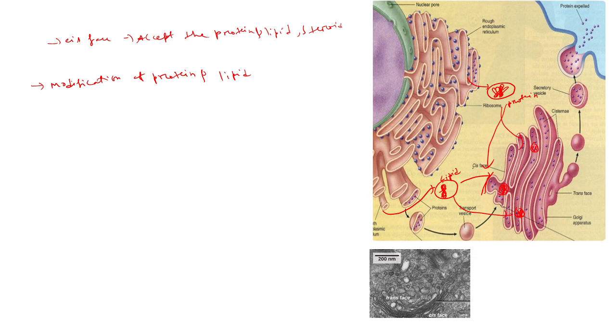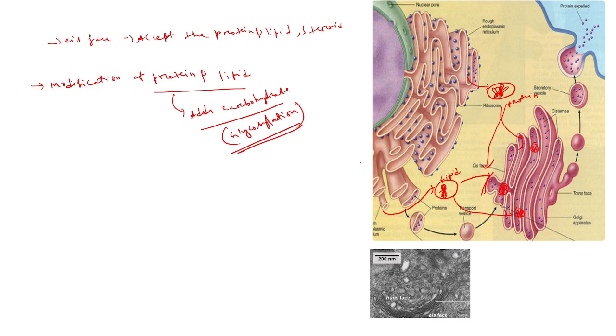After this it modifies the protein and the lipid. So what is the modification? The Golgi body adds a carbohydrate to it. The process is called glycosylation. What is glycosylation? It is the addition of carbohydrate to any molecule. So the main function of the Golgi is that it adds a carbohydrate to the protein and the lipid.